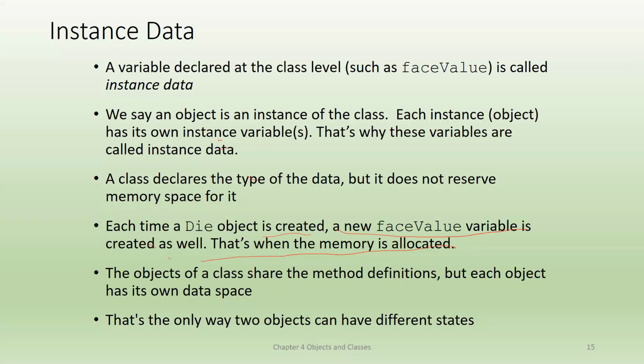The objects of a class share the method definitions, but each object has its own data space. And that's what I'm trying to say, right? You all have name and age, but each of you has a different name and age. Name and age are universal attributes for a student, but the values for each student are different. That's the only way two objects can have different states.